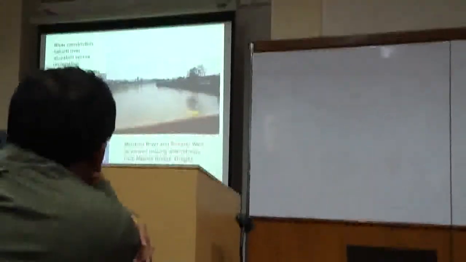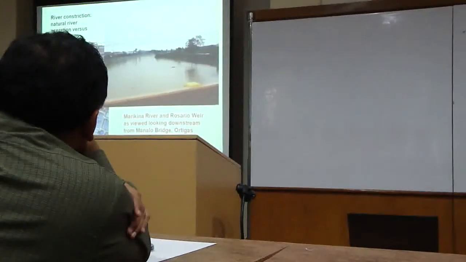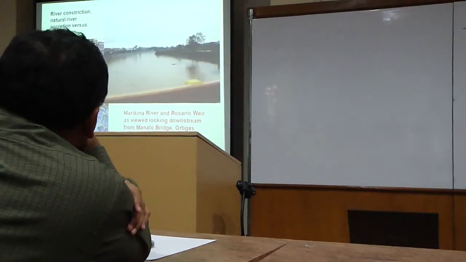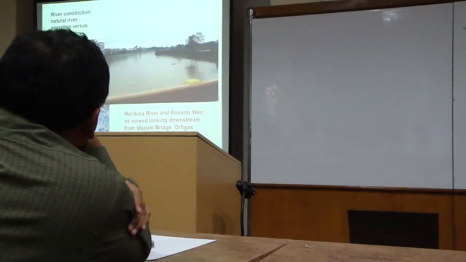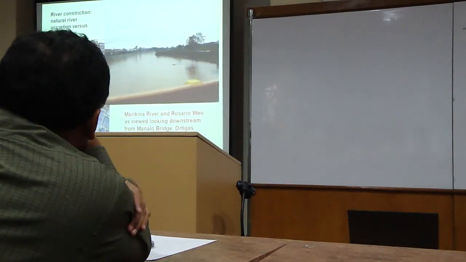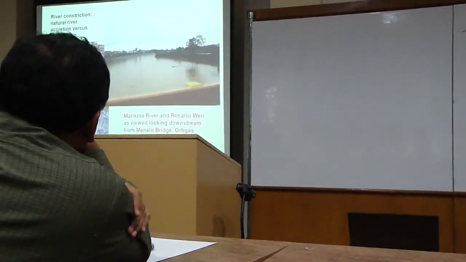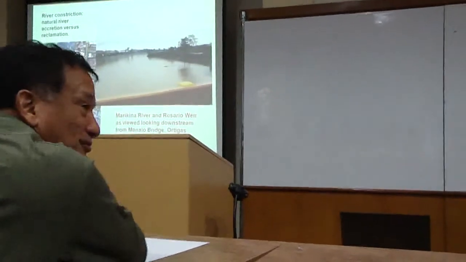And then there is this Rosario Weir, which is the entrance to the Manggahan Floodway. Now, there is this big piece of land here. This is a Google map; I don't know what the elevation is, but you can see the sandbars here. Anyway, this was already, of course, inundated during the flood.